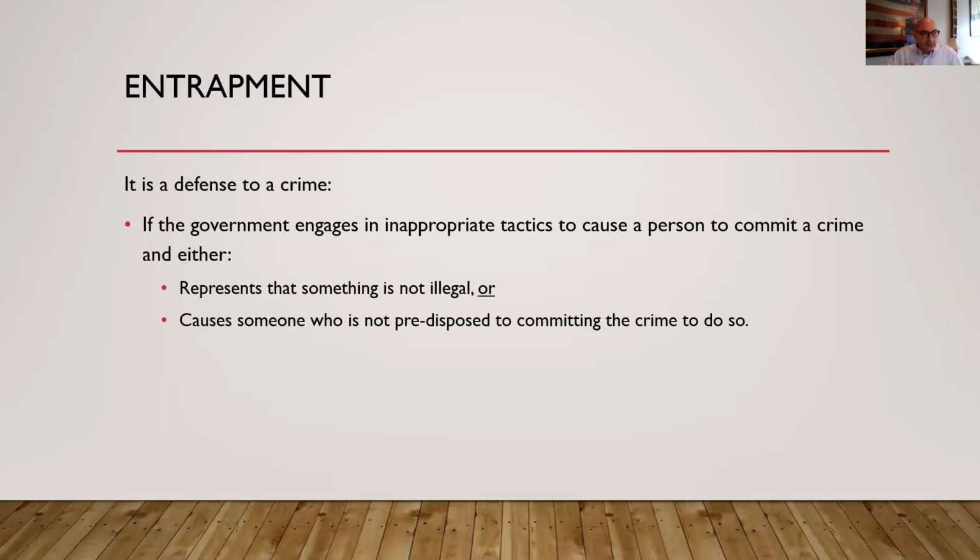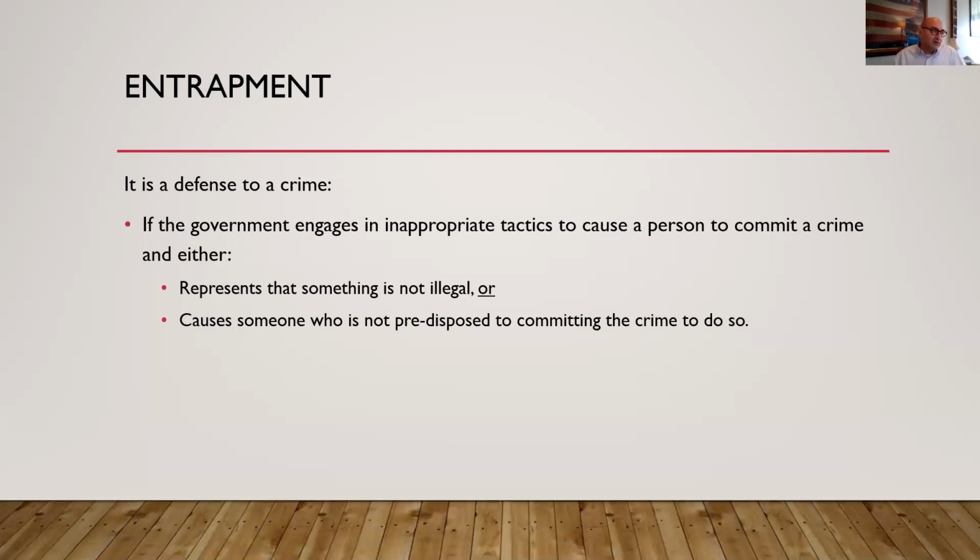So if the government engages in inappropriate tactics, they play upon your weaknesses, they continue to badger you to get you to commit a crime, or if the government agent tells you it's not illegal, which is far less common, or tries to get someone who's not otherwise predisposed to commit this crime to do so, then that is entrapment.